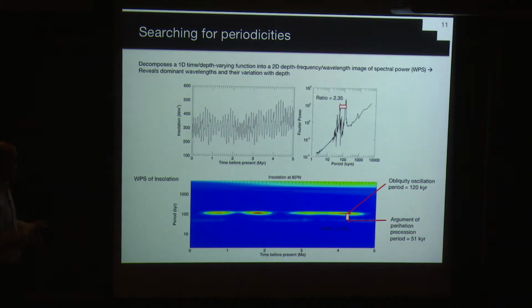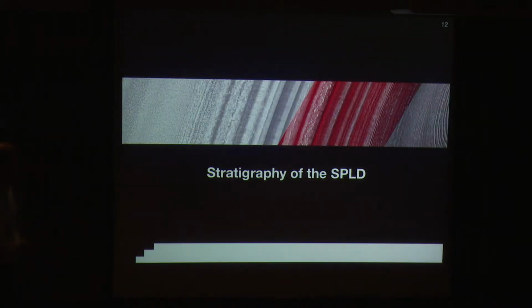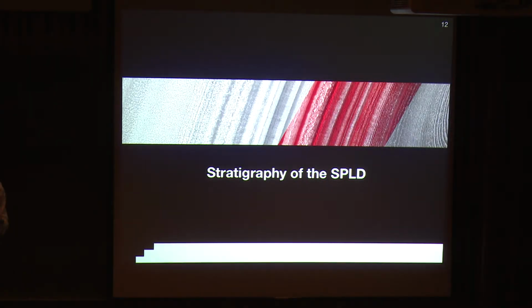So instead of having, this is the same thing that I showed before, instead of having just radar power versus wavelength or periodicity, you have here periodicity and then time, and then you have power on the z-axis, in color, where red is higher. And so you can again see this band here being the obliquity oscillation period, and this being the argument of perihelion precession period.